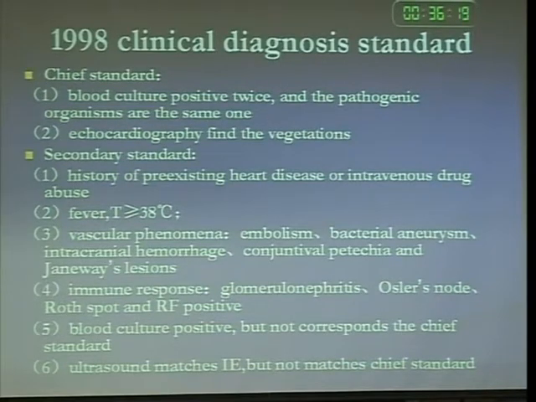I just talked about the chief standards, so now I need to talk about the secondary standard. The secondary standard includes 6 criteria. The first one is the history of pre-existing heart disease or intravenous drug abuse. As we talked about before, the mechanism of infective endocarditis starts with basically pre-existing heart disease.